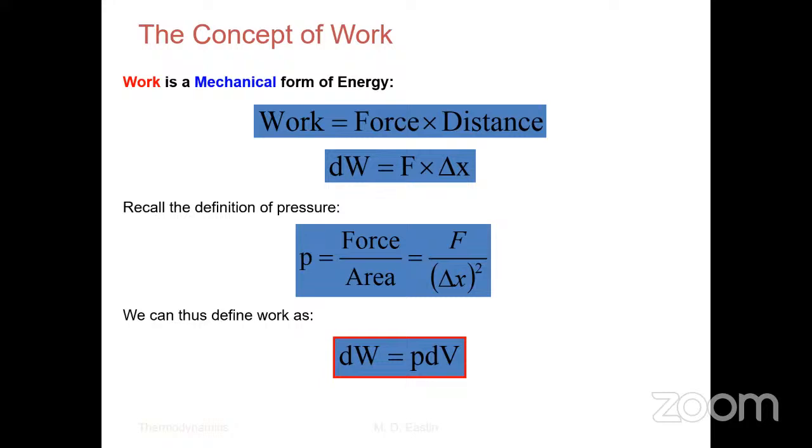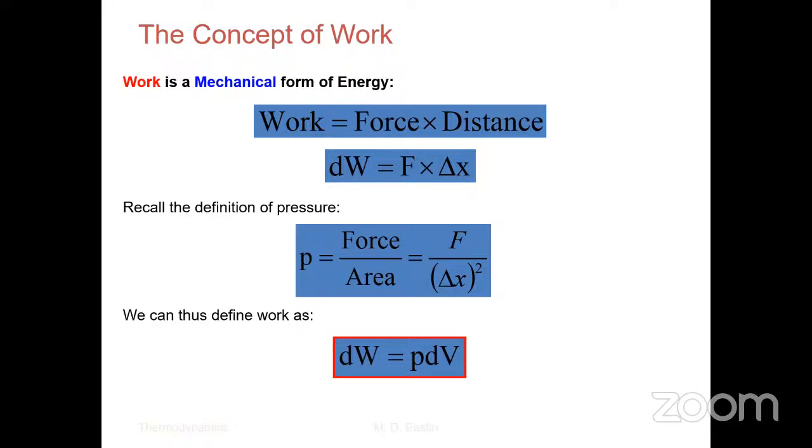P, that is pressure times area, that is your force. You have substituted pressure times area in the place of force. And you remember that you already have one distance there. So you now have your delta X squared times delta X, and that gives you delta X cubed.